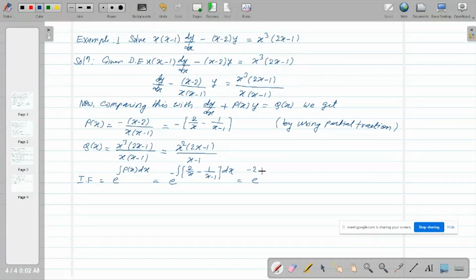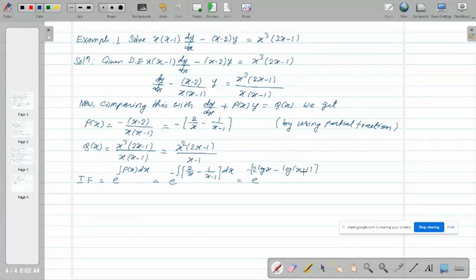Integration of 1 upon x is log x, and minus integration of 1 upon x minus 1 is log of x minus 1.